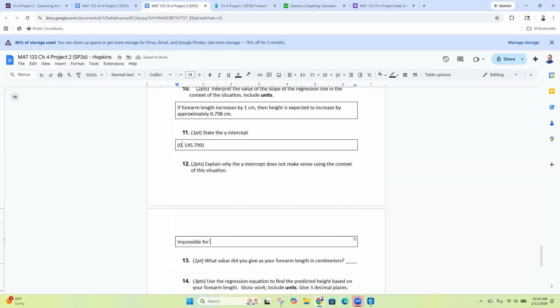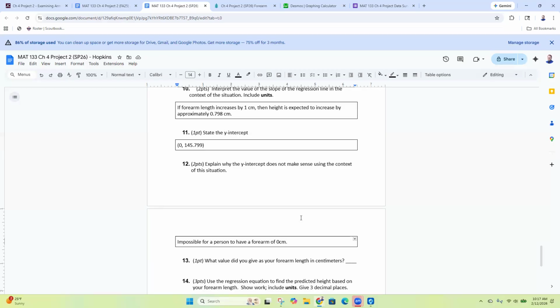Usually it's because x can't be 0. What was x again? What was our explanatory variable here? Yeah, Montez says it's our forearm. So impossible for a person to have a forearm of 0 centimeters. I mean, I guess that's not impossible. You could have a person where their hand is attached to their elbow, but that'd be a weird form of dwarfism, right?